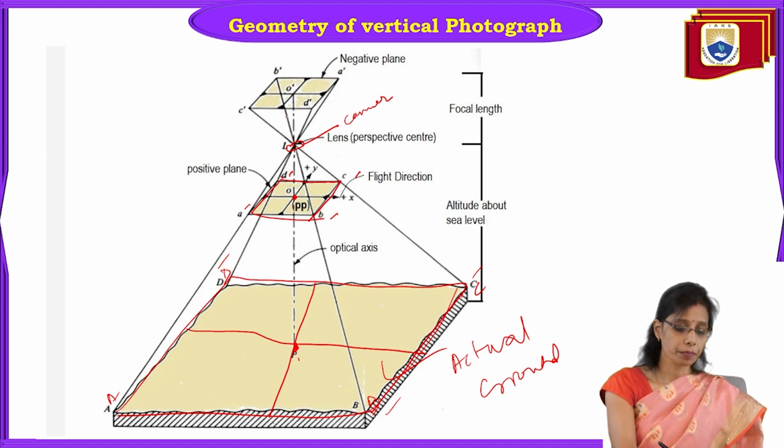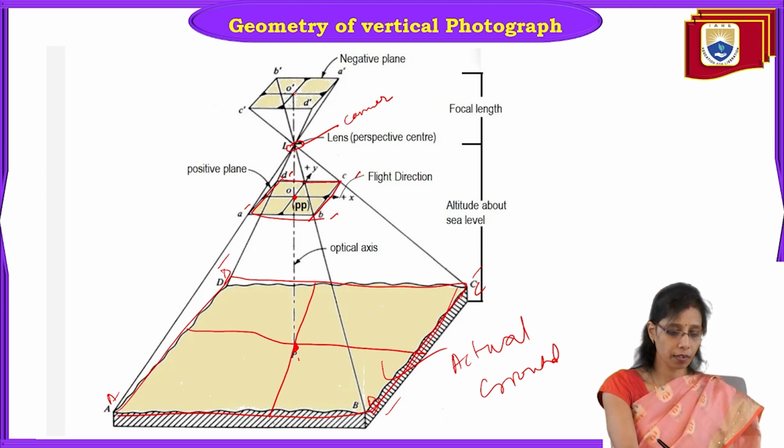Now if you see the negative plane, in the negative plane also, this is the exposure station, right? This is the principal point. Now always you know that negative is the reverse of positive, so the negative will be the reverse of the positive.